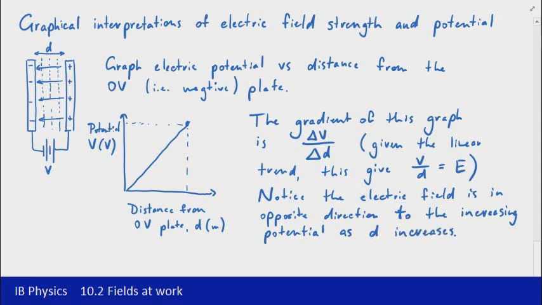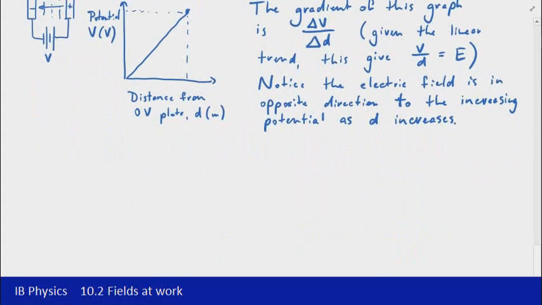So what that means is that if we're going to look at the electric field strength as a vector, we then have a relationship here that the electric field strength is going to be the gradient of that graph, so delta V on delta D, but the direction is opposite to that increase in potential. So we have that as a relationship.